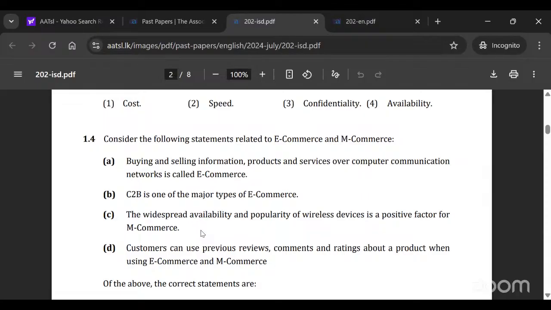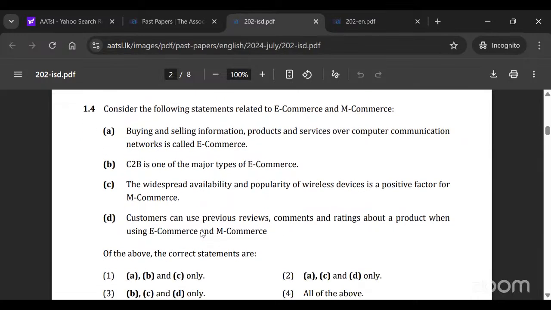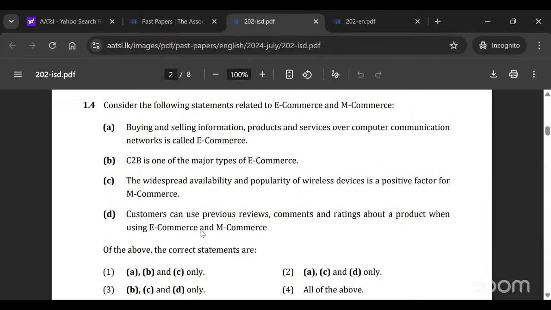C to B is one of the major types of e-commerce. The widespread availability and popularity of wireless devices is a positive factor for m-commerce. Customers can use previous reviews, comments and ratings about the product in e-commerce and m-commerce.